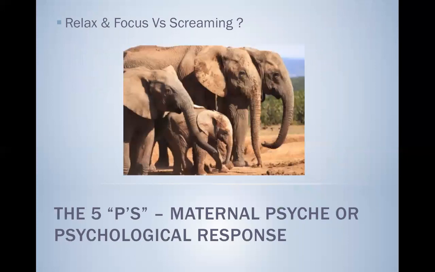So here we have a picture of elephants. Why do we have a picture of elephants? Because elephants are fabulous at supporting one another in birth and supporting the maternal psyche. So there's this fabulous story about an elephant who was at a zoo who was about to give birth.